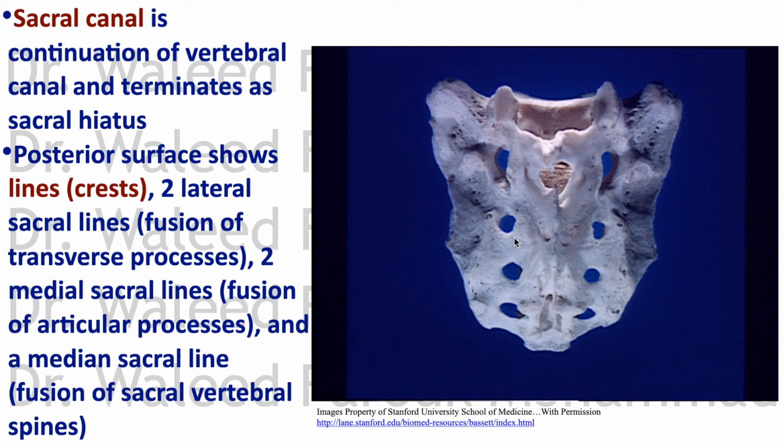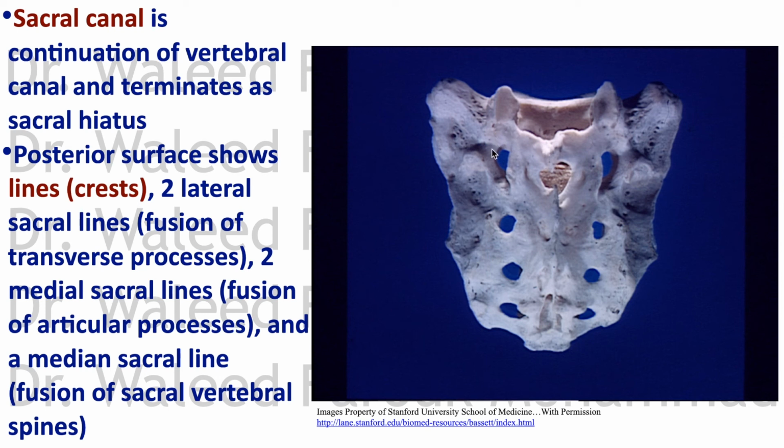Also, you can see on the dorsum of the sacrum 5 distinguished bony prominences. One at the median, called the median sacral crest or line, formed by the union of the spinous processes of the sacrum. See that? The median sacral line, it's only one line.